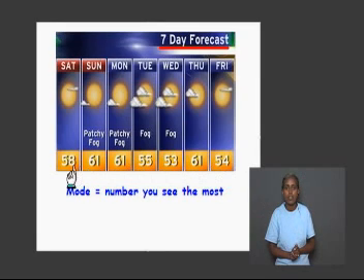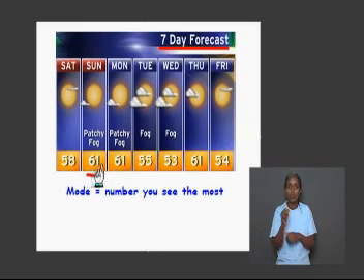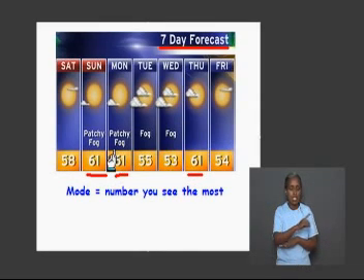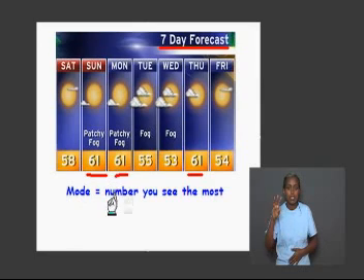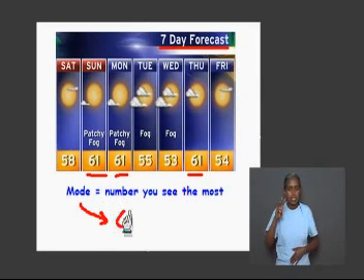In this forecast, the temperatures vary throughout the week, but there is one temperature that appears on 3 days of the week, 61. Therefore, 61 is the mode of this data set.